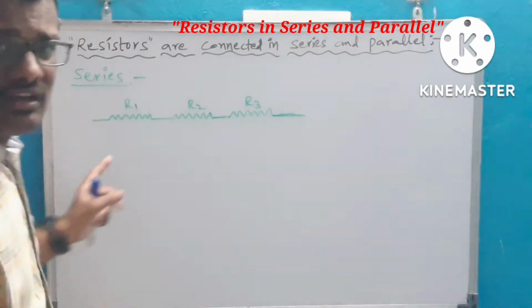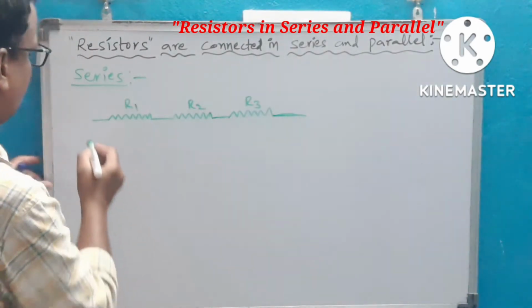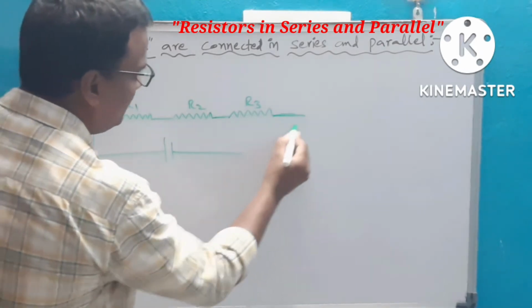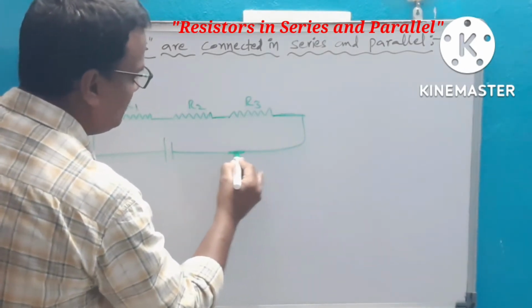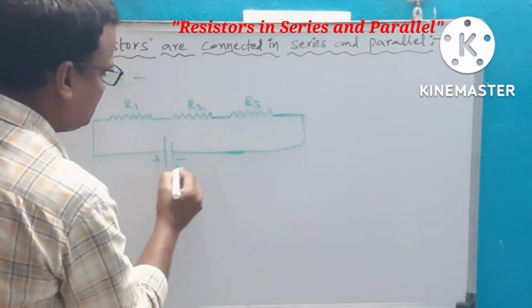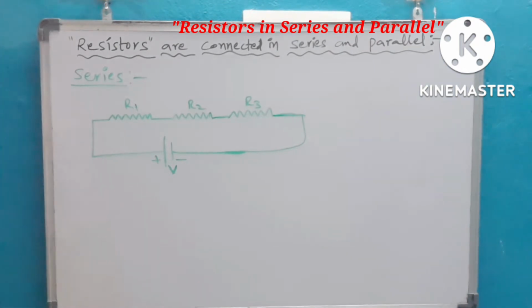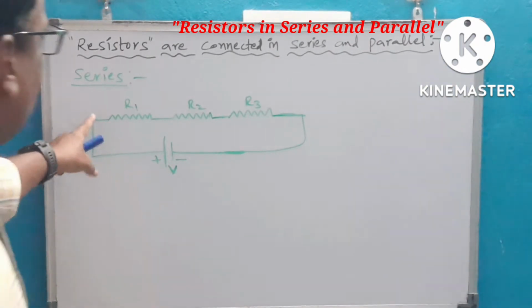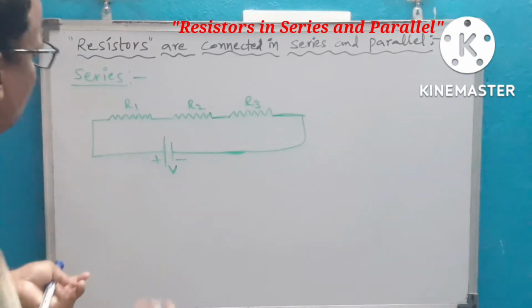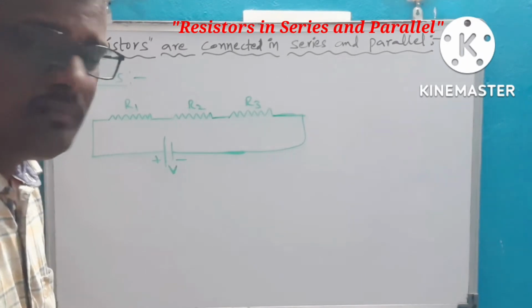This total series combination is connected to a battery terminal. So we provide a battery terminal here and here. The battery provides the potential difference between the ends of the combination.